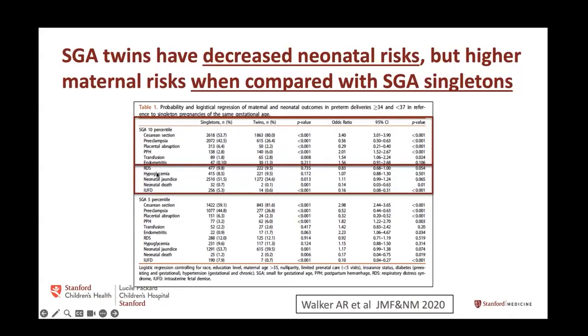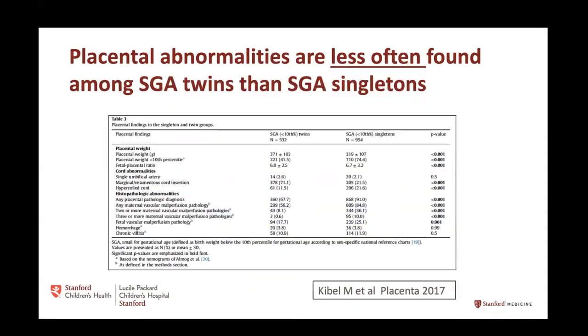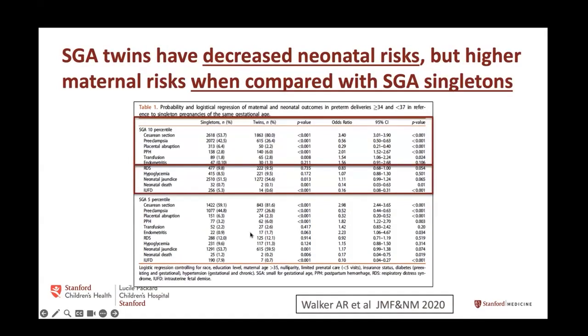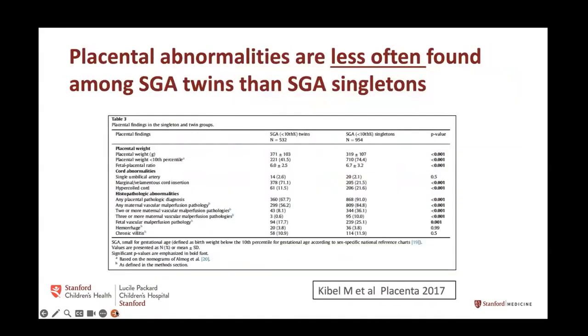However, when you see the neonatal risk, including RDS, hypoglycemia, jaundice, IUFD, etc., there's a higher risk in the singletons globally than in twins. And this is especially true when looking at less than fifth percentile. That suggests again that there is probably some overcalling of SGA in twins rather than singletons.